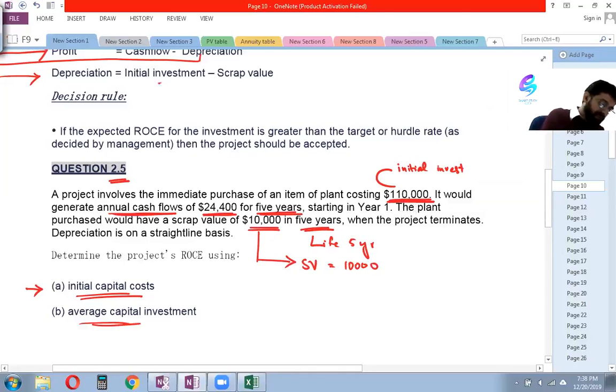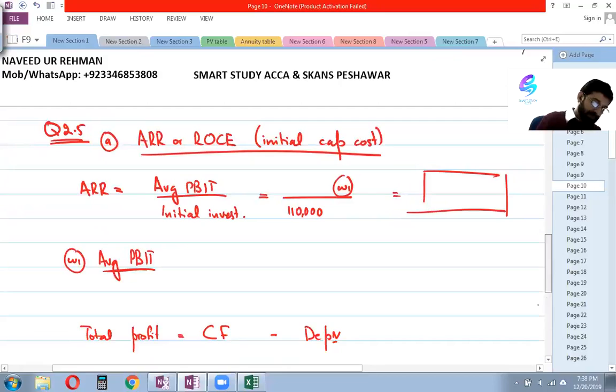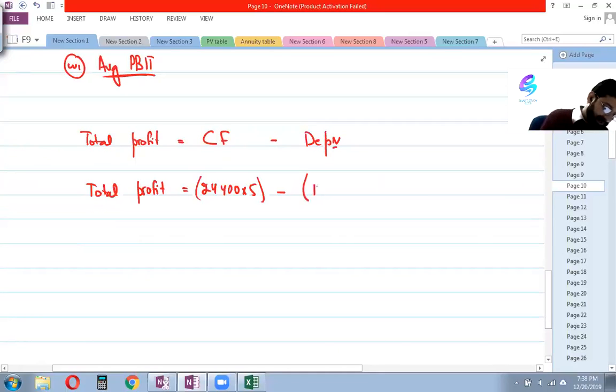The formula says initial investment minus the scrap value, so 110,000 minus 10,000, which will be 100,000.